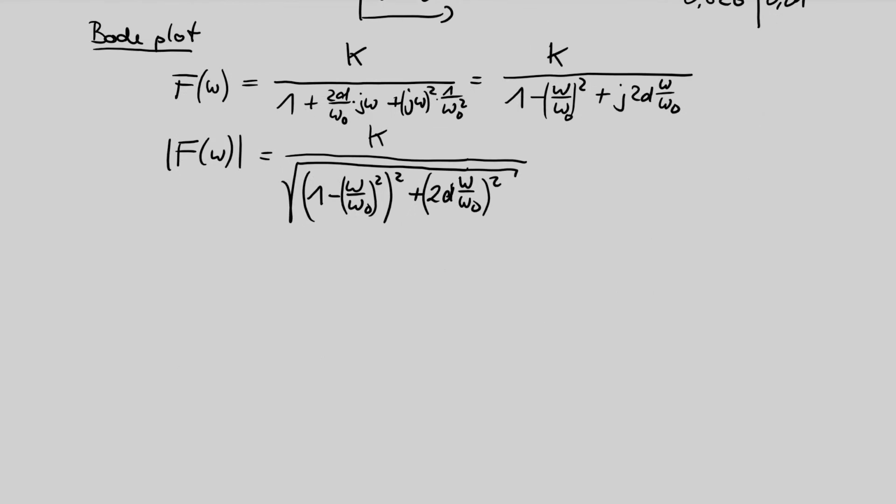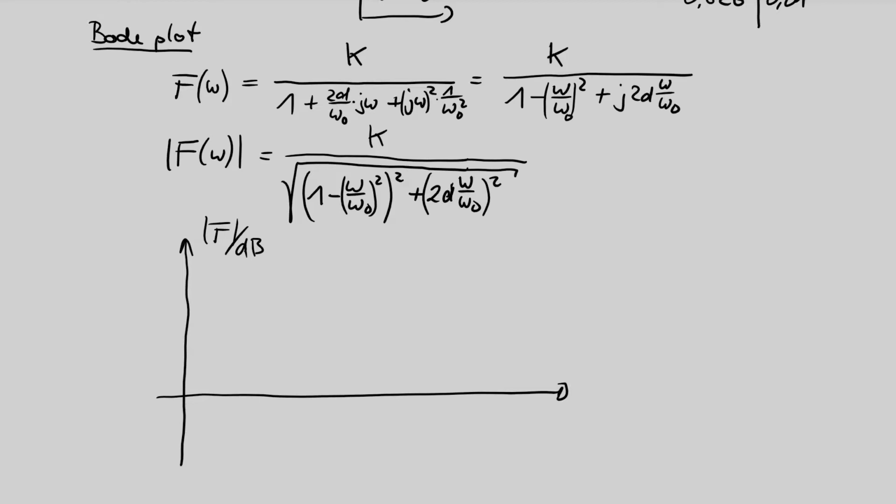You can look for the maximum and look what happens with the display of this curve. I show you the resulting Bode plot drawing of this curve. So f in dB and the logarithmic axis of the radian frequency.